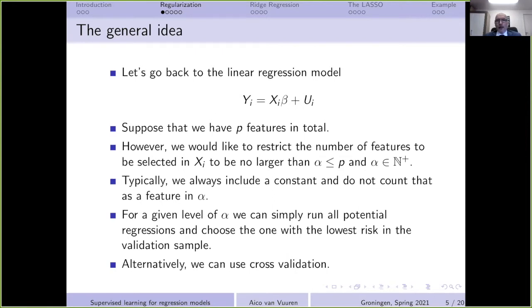And you should realize that especially when alpha is still quite small, typically we have some very good predictors, some very good features that we will always include. Let's look at a very simple example. We have been looking before at house prices, and suppose that again we would like to predict house prices. Here I really would like to predict the house prices themselves, not the house price per square meter or something like that.